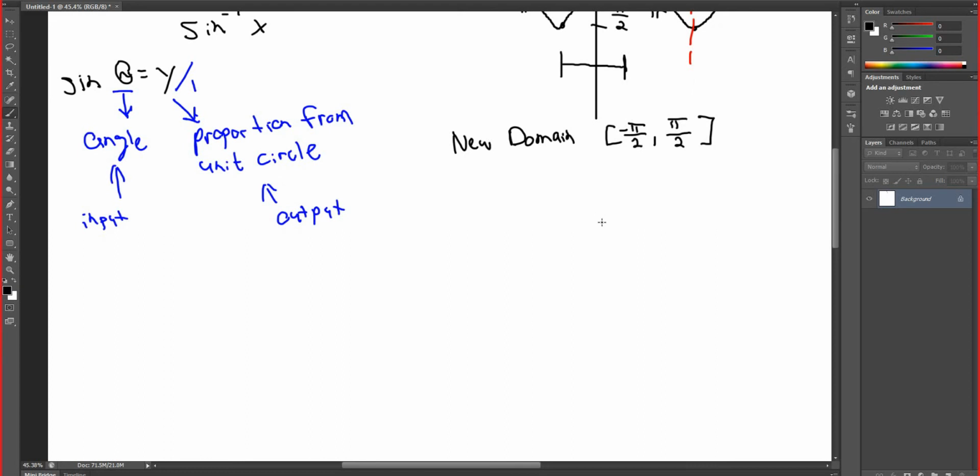So the new graph we're looking at is just going to be like so. It's just going to be essentially one period. That was horrible.